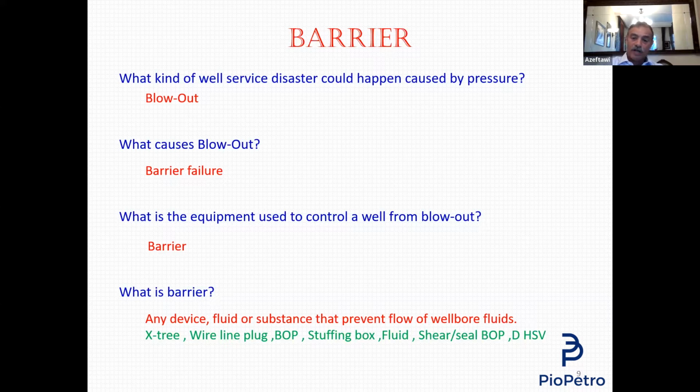Then the wireline plug. We run it with a service called slickline or wireline, going deep into the well and setting it in the completion in something we call a landing nipple. So this plug will prevent the flow of hydrocarbon as long as it is there.